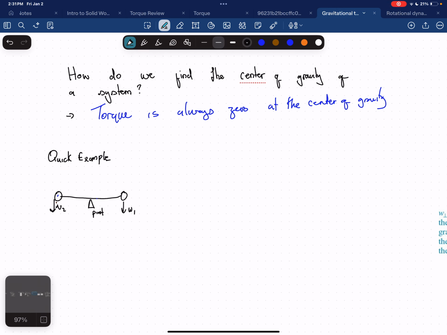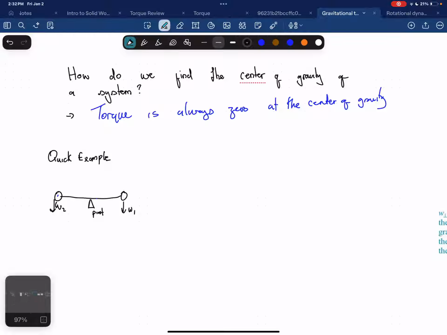Weight 2 is bigger. And now we're asking ourselves, where should we put the pivot in order for it to balance? So the place to put the pivot for this dumbbell to balance is at the center of gravity. All right? So, yeah.